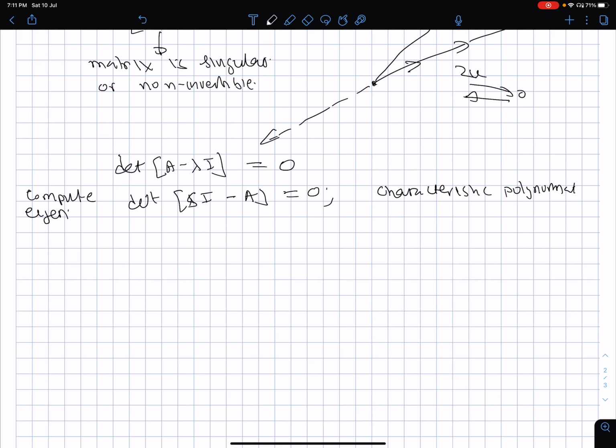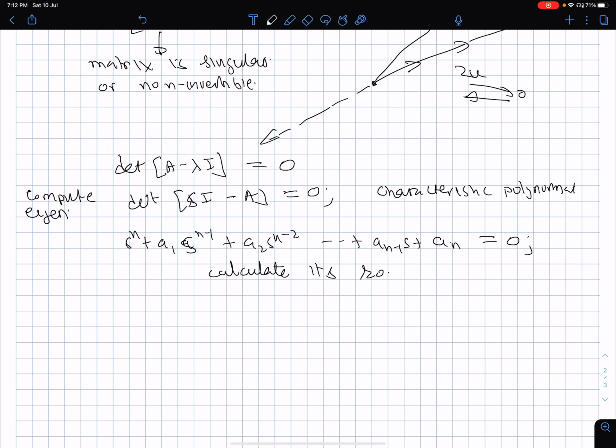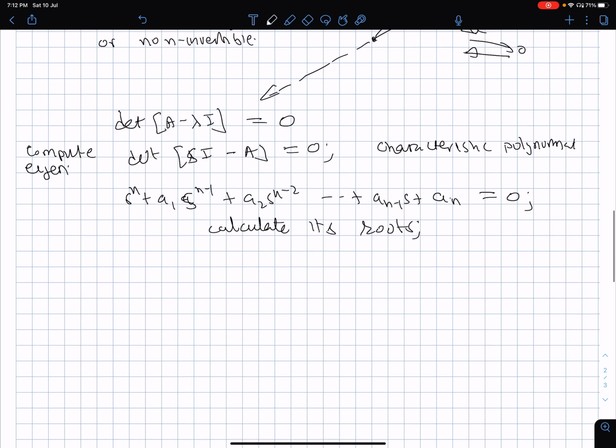It would be an nth degree polynomial: a1 s to the power n plus a2 s to the power n minus 1, and so on, up to a(n-1) s plus an. Set this to 0, calculate its roots, and the roots are the eigenvalues.